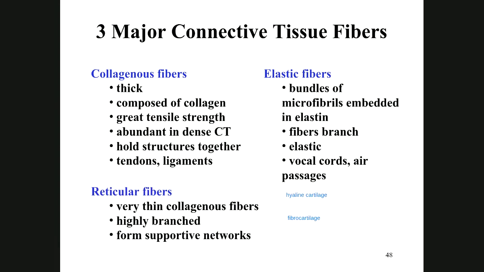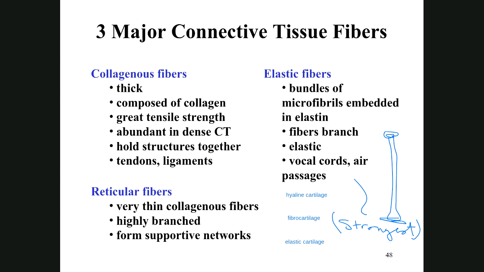Usually at the end of a long bone, at this end and this end, there's cartilage, and that's your hyaline cartilage. Fibrocartilage is the strongest one. You see it at the intervertebral disc, between the two vertebrae, and at the pubic symphysis, which I showed you, between the two pubic bones.